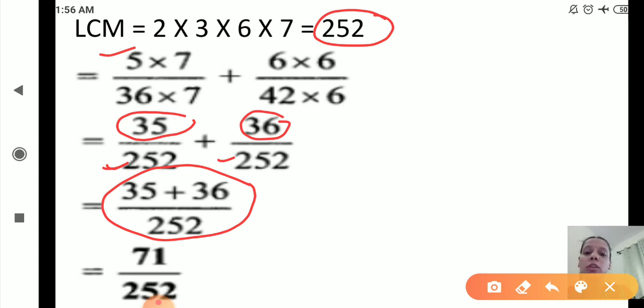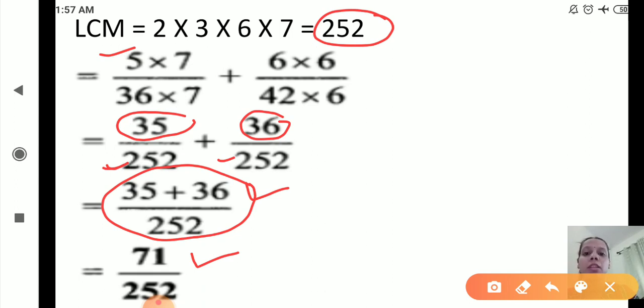You will do the addition of the numerators only. So what is there in the numerator? 35 and 36. So 35 plus 36 upon 252. Now do the addition. 35 plus 36 is 71, and in the denominator 252 as it is. So what is the answer? The answer is 71 upon 252.